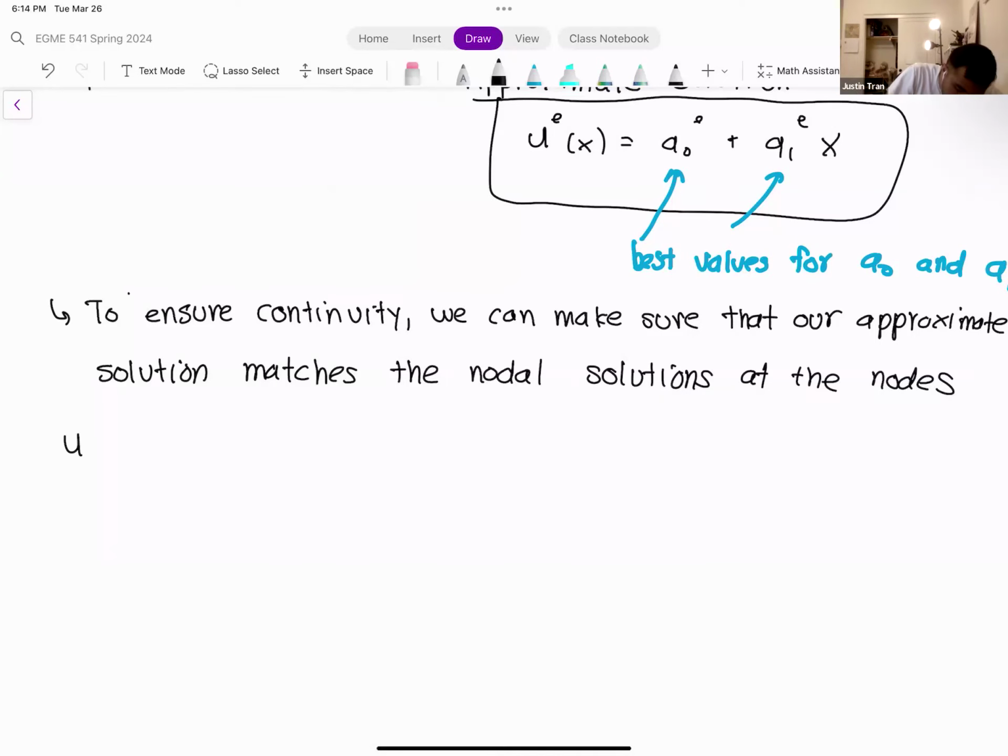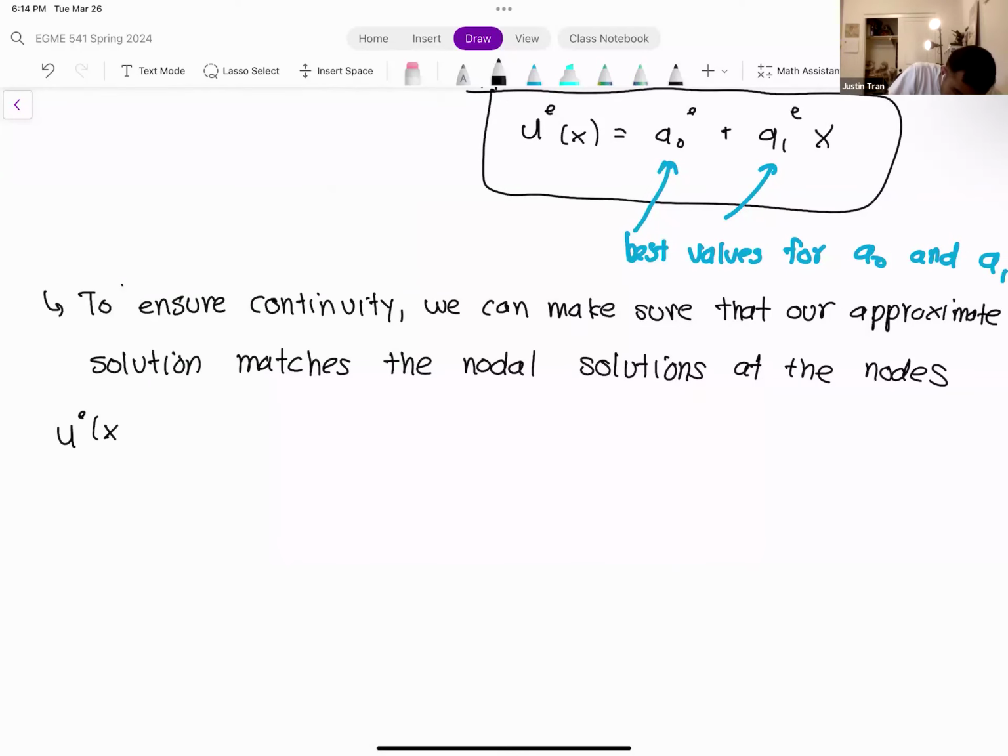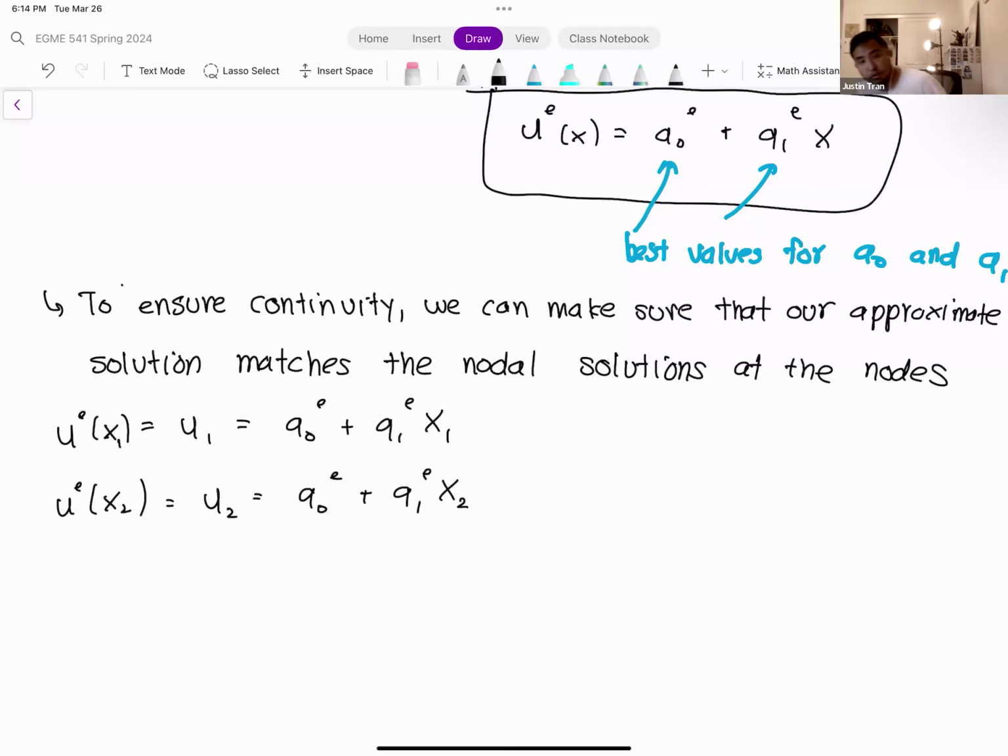So that means ue of x1 has to equal u1, which is equal to A0e plus A1e times x1. But also ue at x2 is equal to u2, which is equal to A0e plus A1e x2.